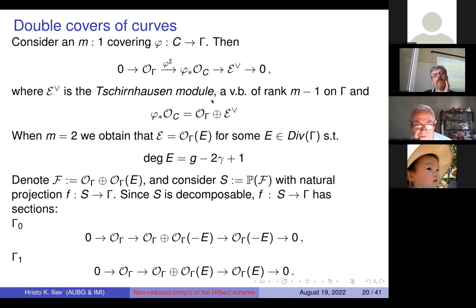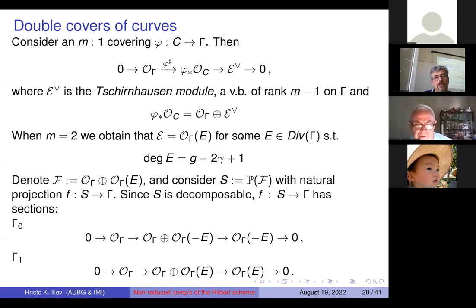Actually, the push forward splits as a direct sum of the structure sheaf and the Tschirnhausen module. And because the Tschirnhausen module is of rank m-1, in the case of m equals 2, it should be just a line bundle.